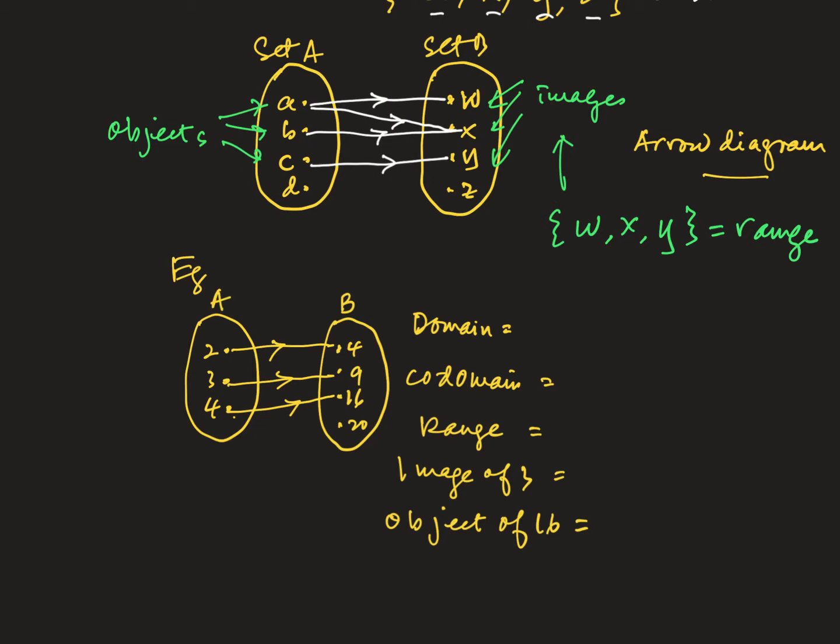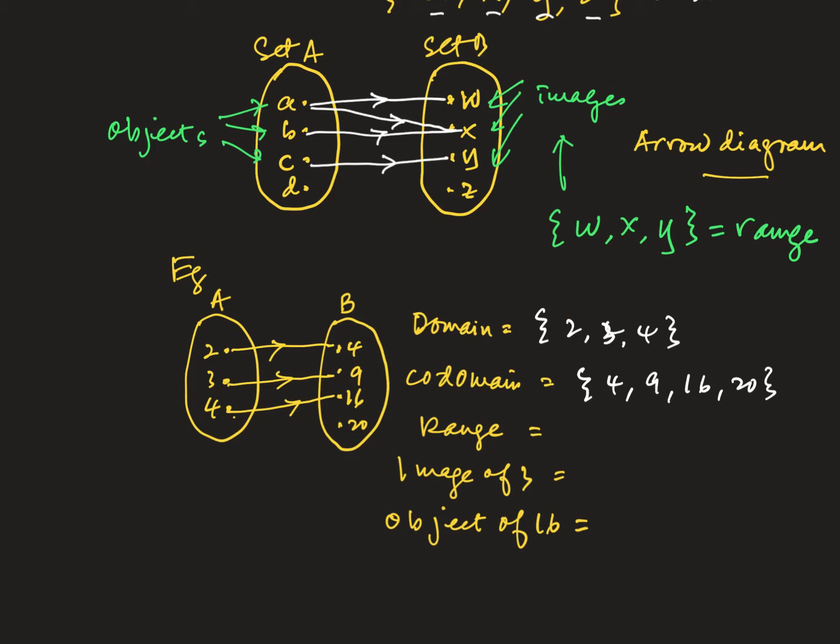Let's look at the example. We have set A and set B involved in a relation, and the domain here is all the elements in set A, so this is 2, 3, and 4, and the codomain is all the elements in set B, so it is 4, 9, 16, 20.